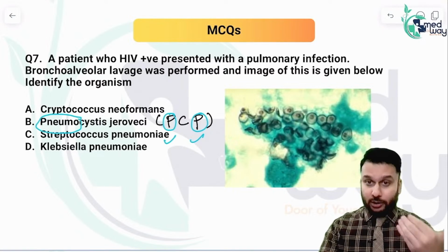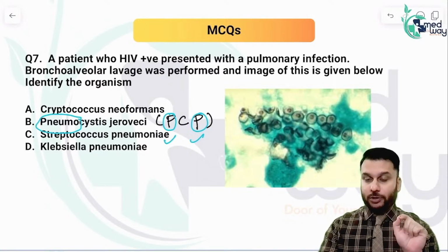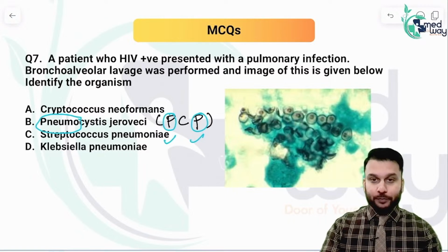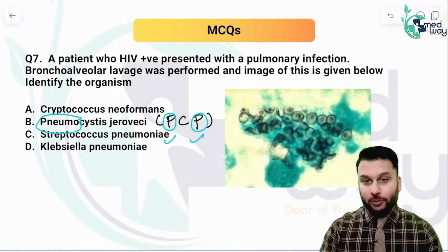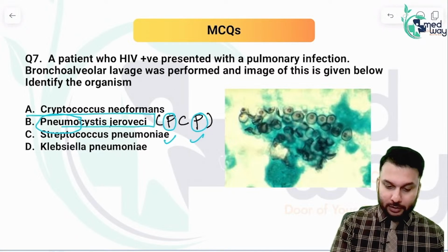All right. See, you know from the HIV topic that you need to know the CD4 counts and which infections come at different CD4 counts. As a matter of fact, there was a question that was asked on the CD4 counts also, that is coming up shortly. So anyway, the correct answer is going to look like pneumocystis.